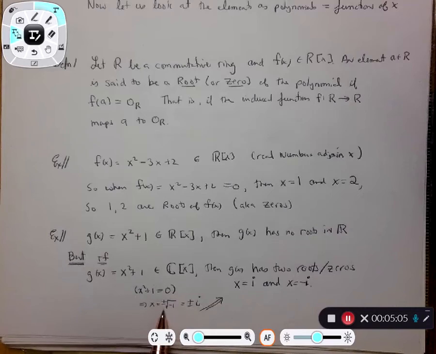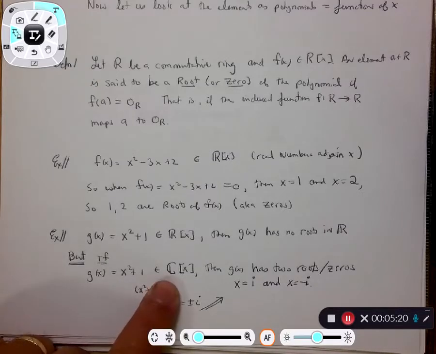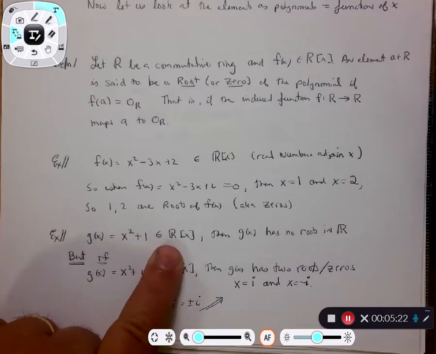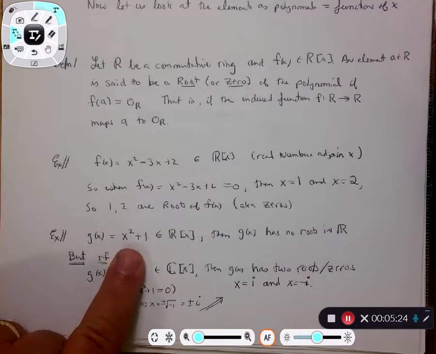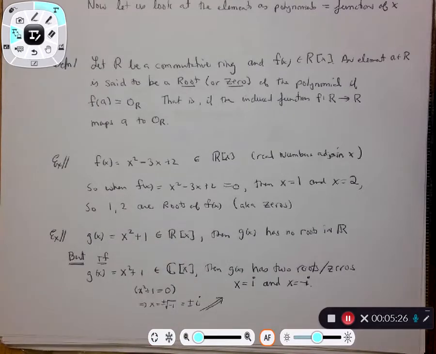You take the square root of both sides, plus or minus. The plus or minus square root of negative 1 ends up being plus or minus i. That's where I get my two roots. They're complex roots, but this polynomial actually has roots because the field was the complex numbers. But if you just focus on real numbers, this polynomial x squared plus 1 is irreducible.